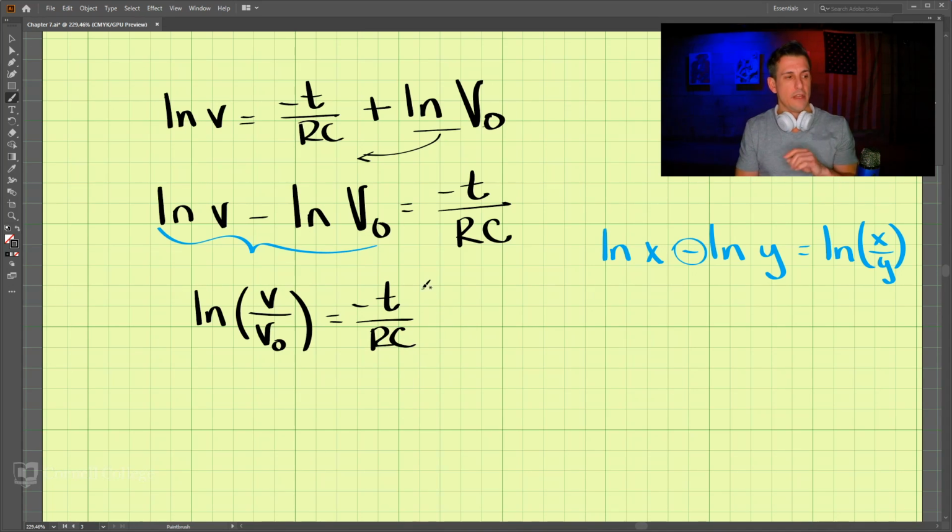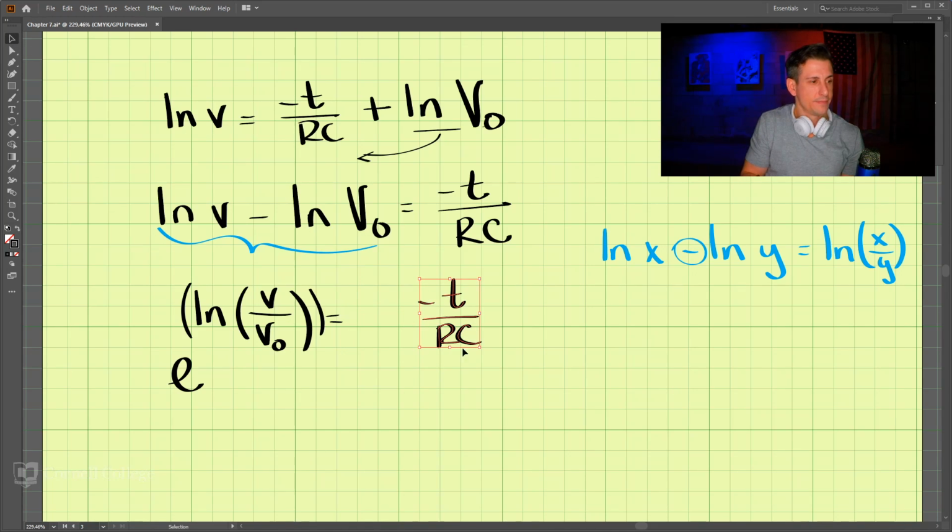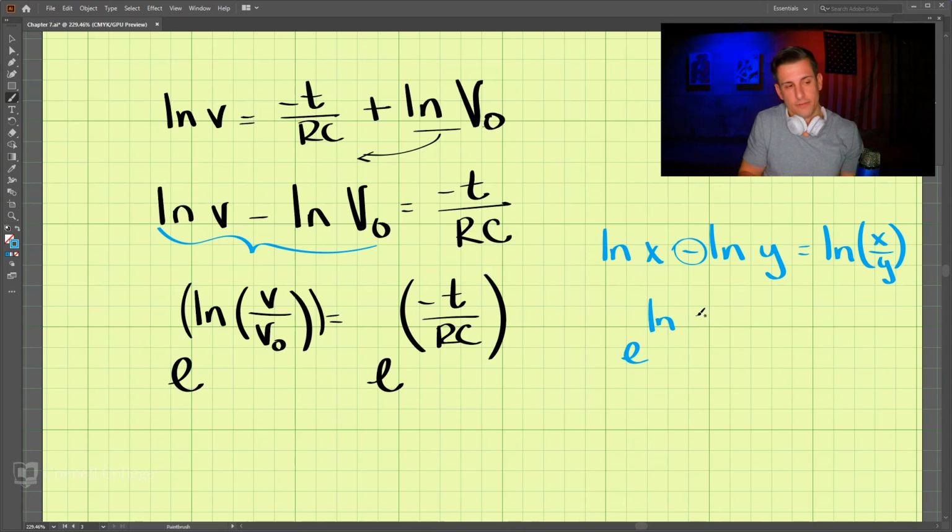And this is the part where we take both sides and we raise them to e. You remember that e to the natural log of z is just equal to z. We do the same thing here.